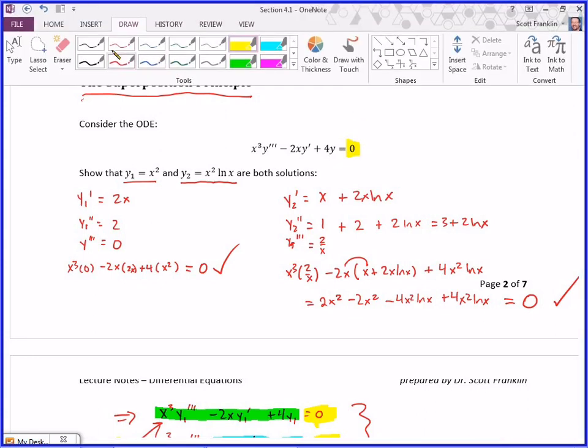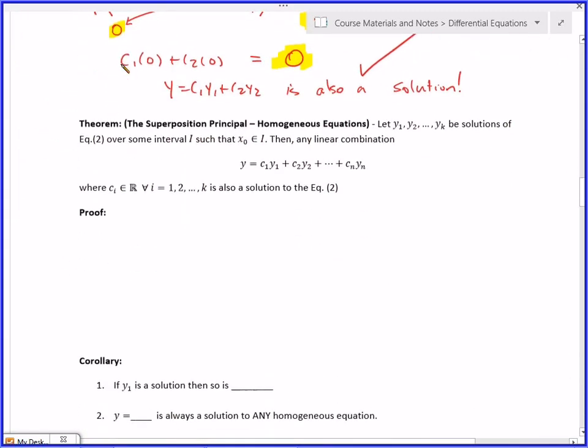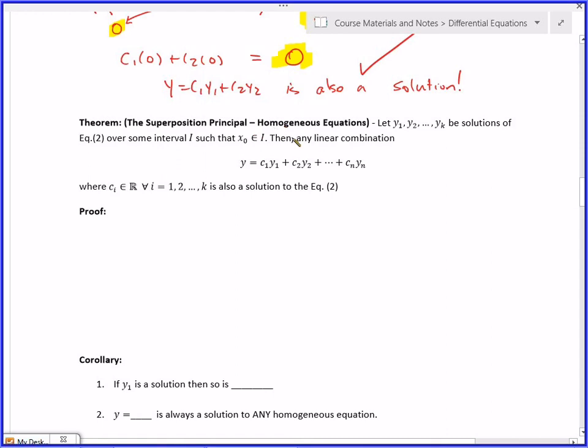The superposition principle is going to say any two solutions, you take a linear combination, that's also a solution as long as you start with a homogeneous equation. Okay? So, superposition principle, homogeneous equations.